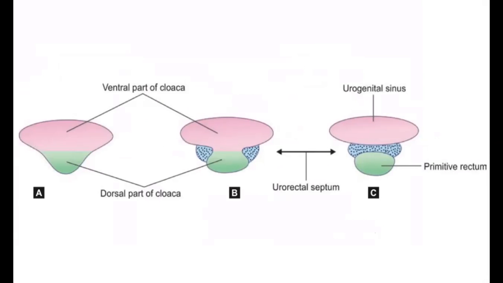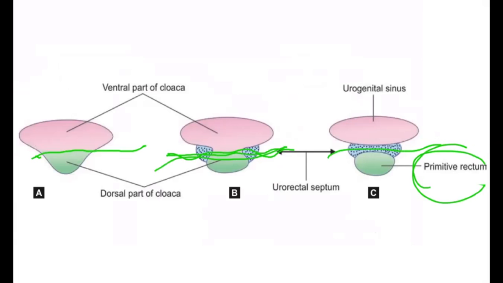Okay, the cloaca subdivides, okay, into two parts and becomes the primitive rectum and anal canal, and the urogenital sinus.